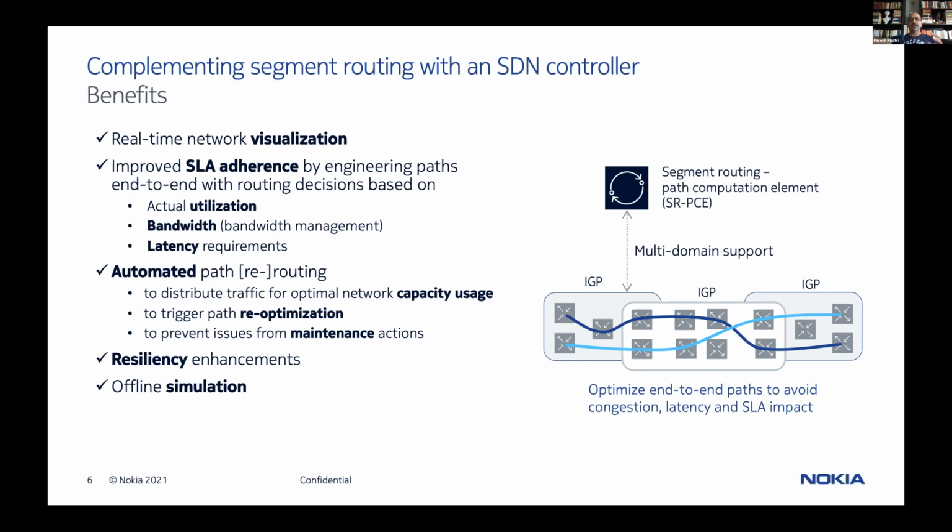Anything outside of that loses topological information. Having a controller that is sitting on top, like an Oracle, has a complete view of the network, actually puts a lot of power into that system. So by doing that, we're able to build these end-to-end paths that cross multiple IGP areas, multiple IGP instances, even across autonomous systems, and be able to map out a path that meets SLAs.